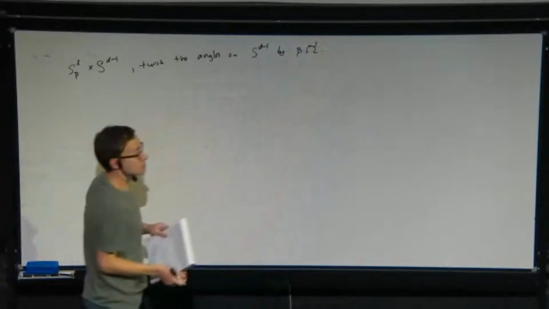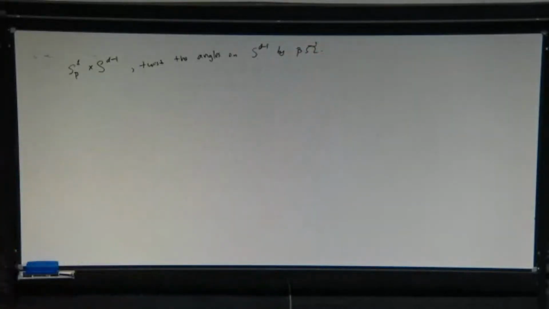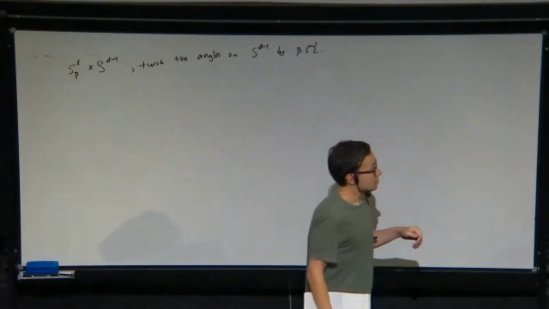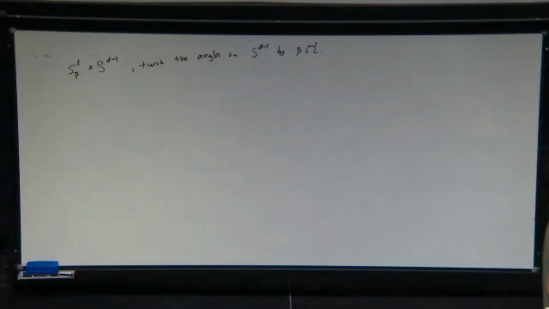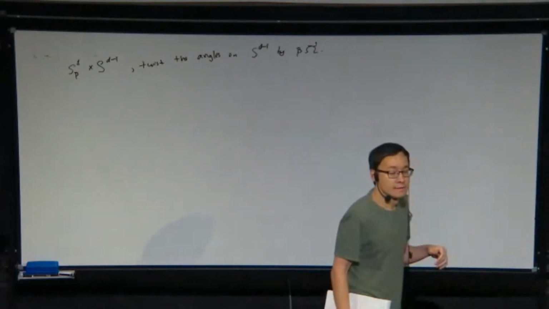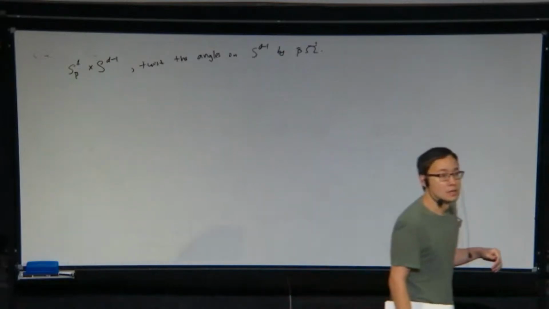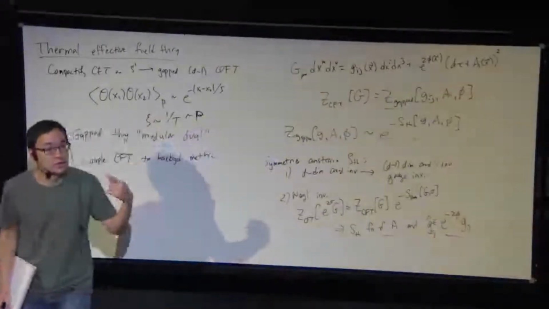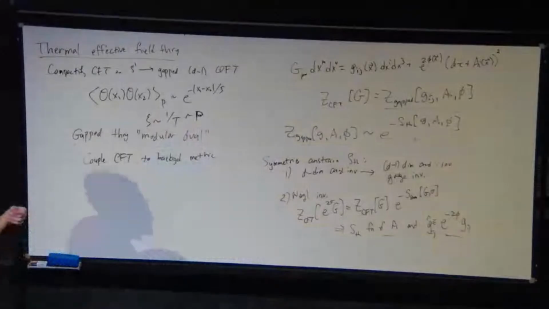The question is, why is this effective action necessarily local as a function of the fields? Because I imagine you're integrating out the fields of the theory, the CFT. That's right. And you said that there may be massless modes in there. I'm assuming that the theory, when put on a circle, does not have gapless modes.